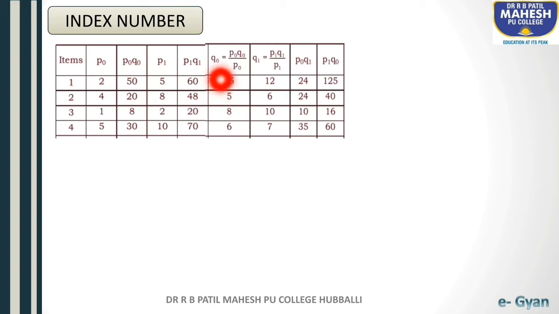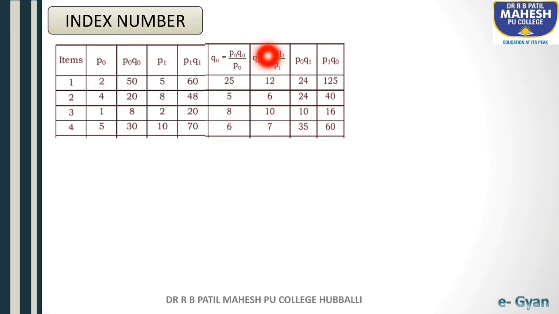Quantity means expenditure divided by price, so base year expenditure divided by base year price. 50 divided by 2 is 25, 20 by 4 is 5, 8 by 1 is 8, 30 by 5 is 6. So these are the Q0 values.